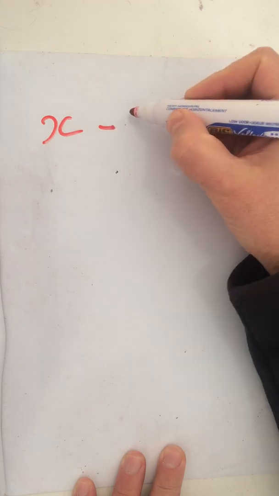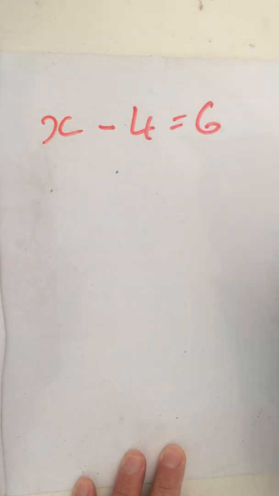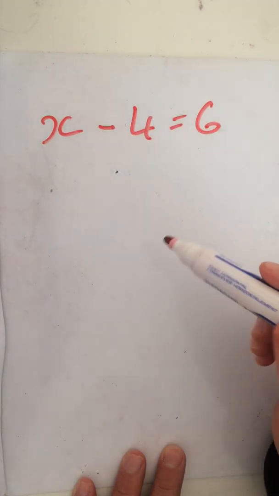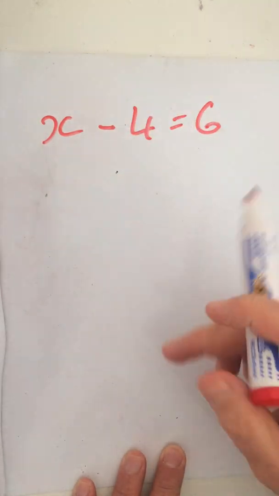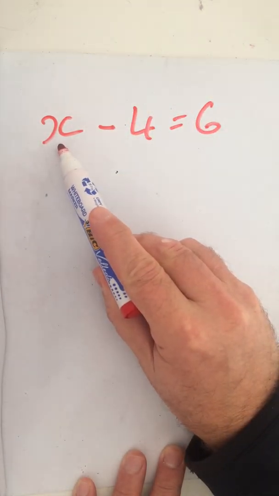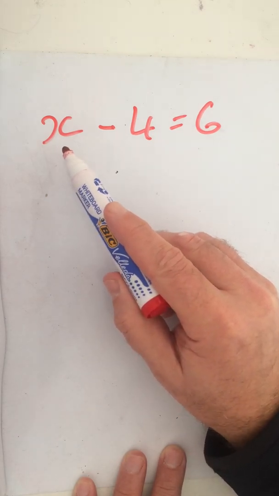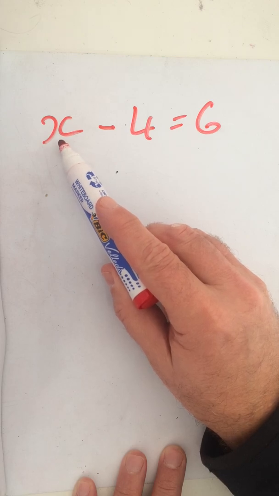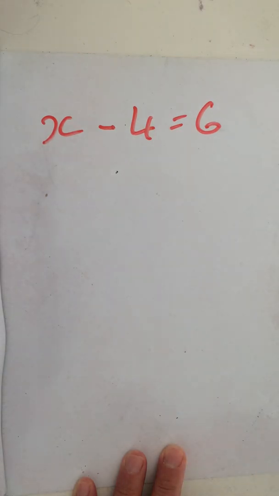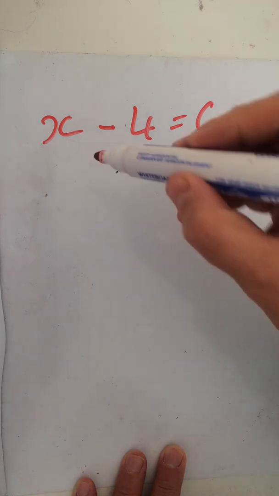As the learning objective states, we're working on algebraic equations, but we're going to be using something called the balance method. So, for example, if we've got x minus 4 is equal to 6, to solve an equation we have to find the value of x. When solving an equation, you find the value of the letter. In this case it's pretty straightforward.